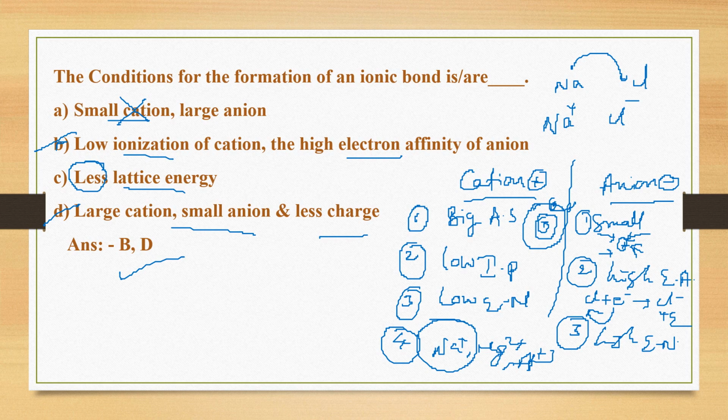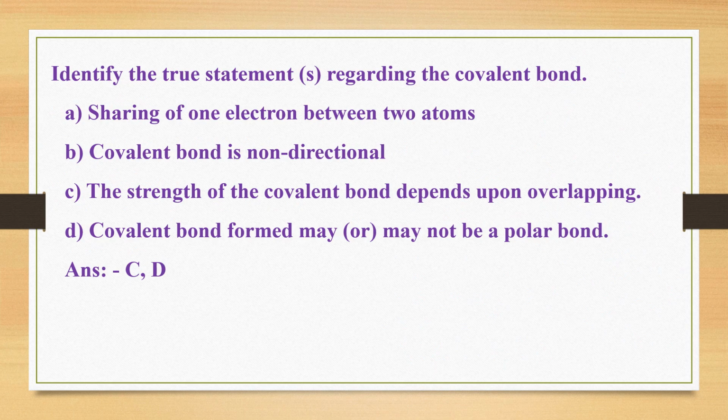These are the conditions for the formation of an ionic bond. The favorable conditions for the formation of cation and for the formation of anion are the favorable conditions for the formation of an ionic bond. Very good. Thank you. Then we'll go for the next question. Identify the true statement regarding the covalent bond. True statement means correct statement.